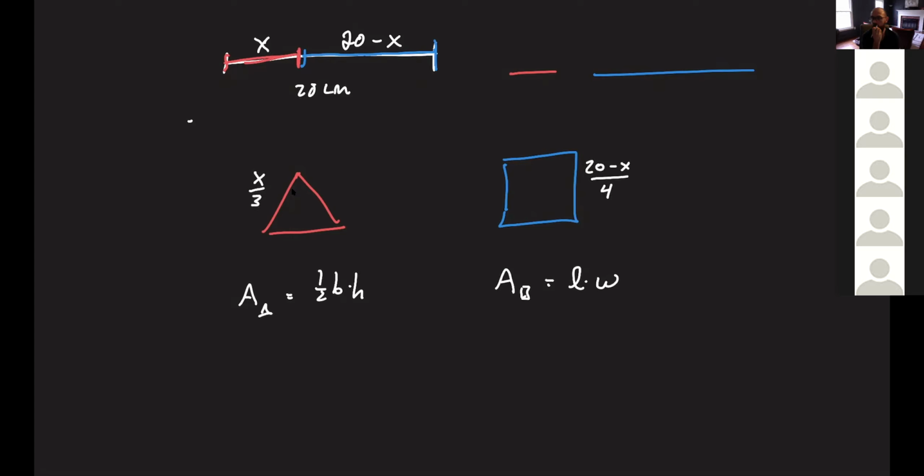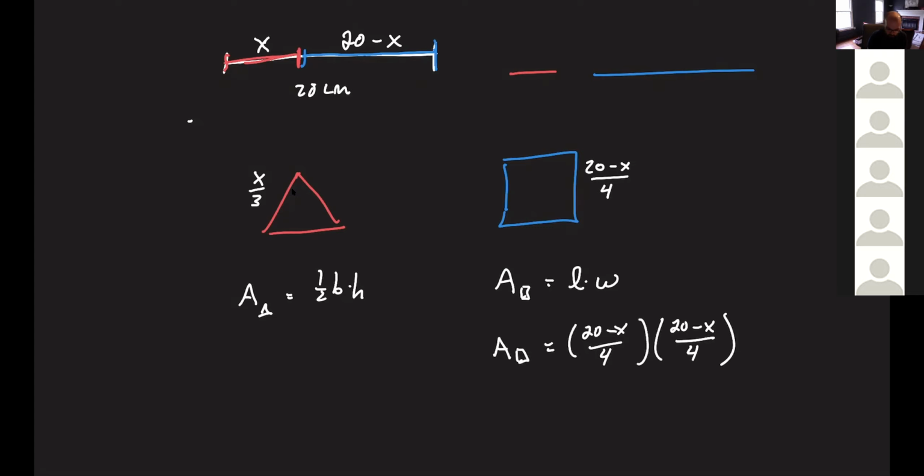So the square over here, the side length is 20 minus x divided by 4. Okay, so 20 minus x over 4, that's my side length here, and it seems like I could very quickly put together the area of my square. So that's 20 minus x over 4 times 20 minus x over 4. Okay. So that's the area of my square.